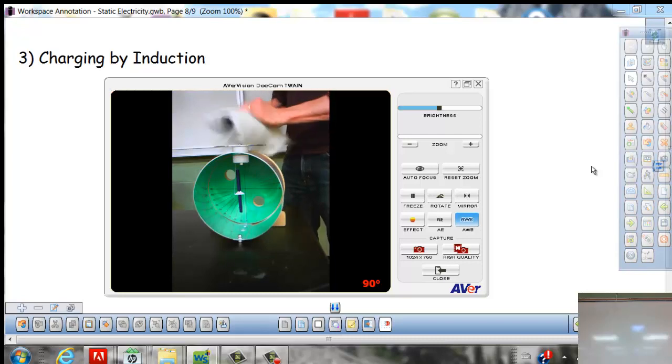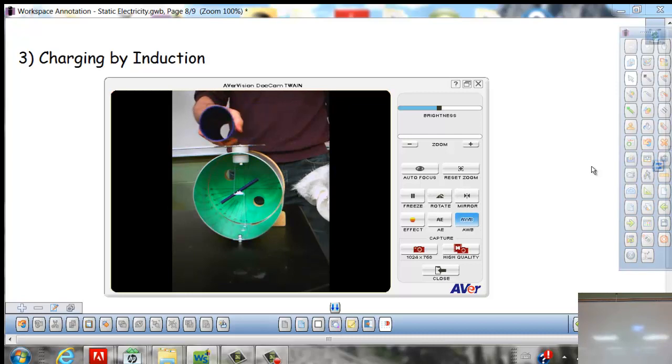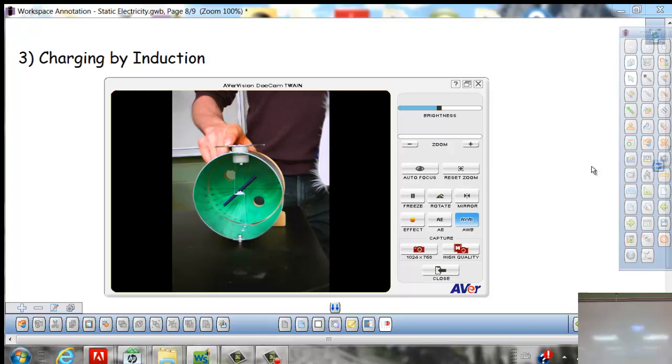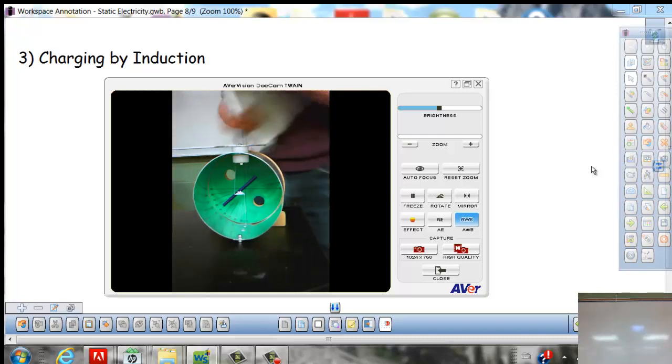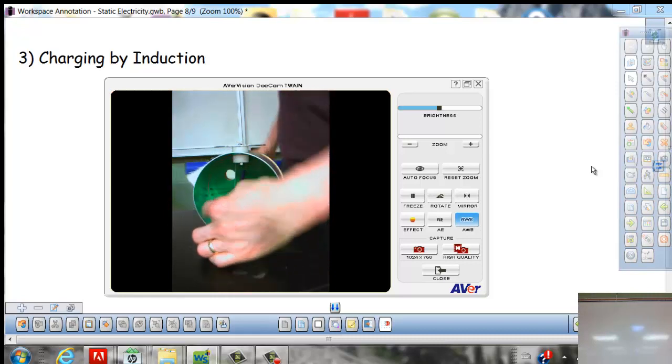And I'm going to demonstrate electrostatic induction, which is the electric field force operating on this metal object through space without touching. So as I bring the plastic tube close, here you go. I'm going to ground it, and this should allow the needles to return to their zero position.